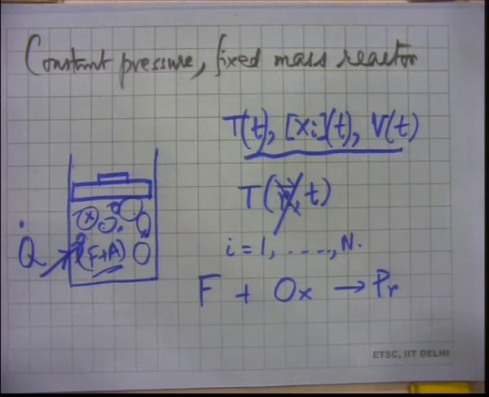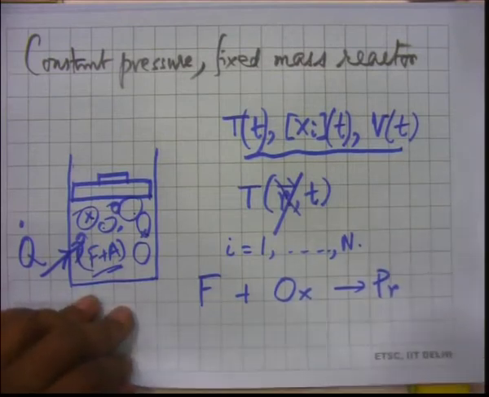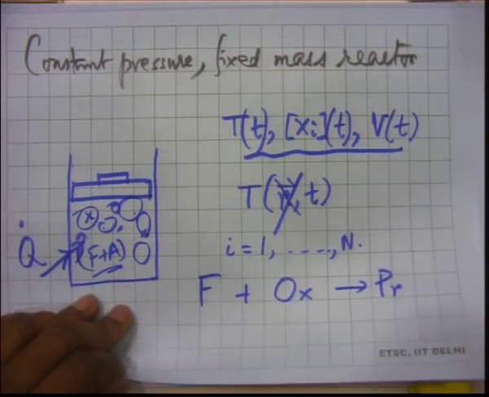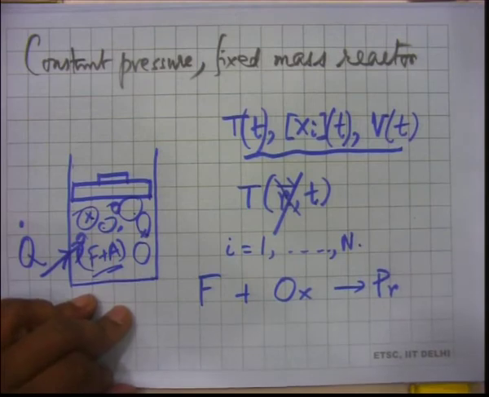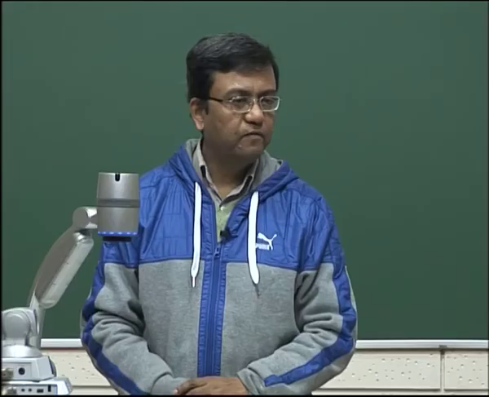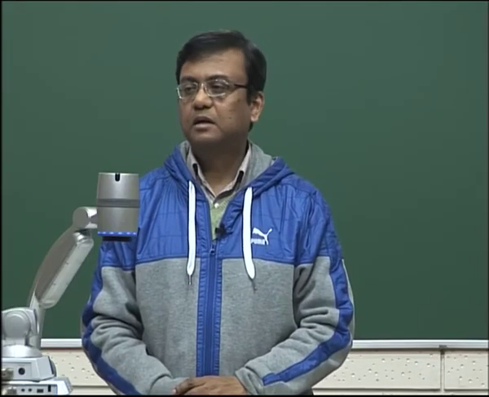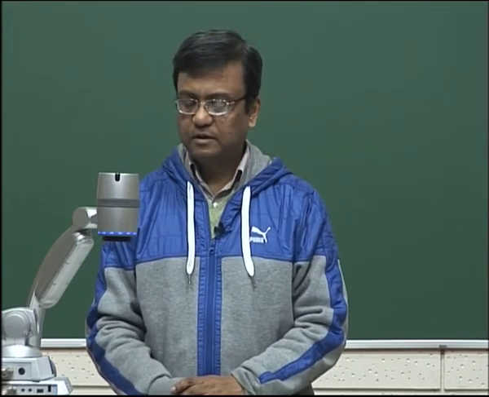Nevertheless we will have to get these. Otherwise we will not know how the system changes with time. Now to get the unknowns, of course you need the same number of equations, and who is going to give you these equations?